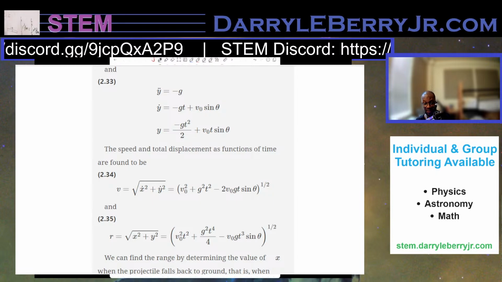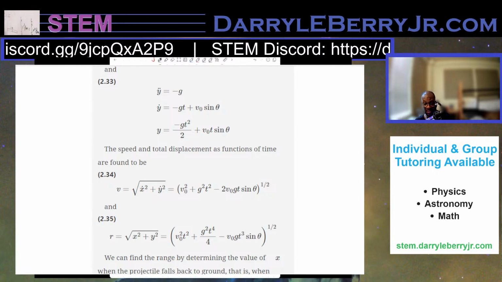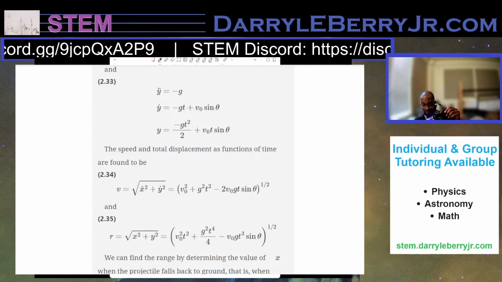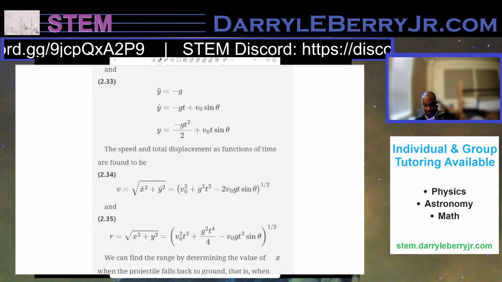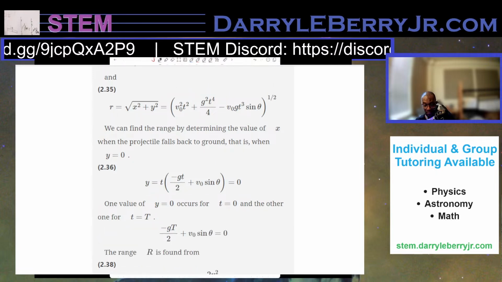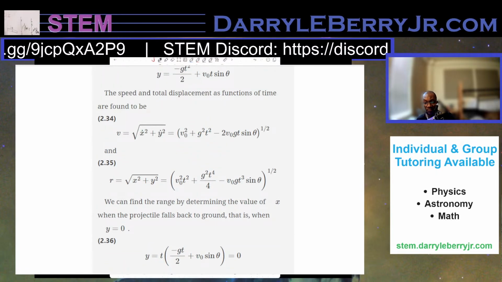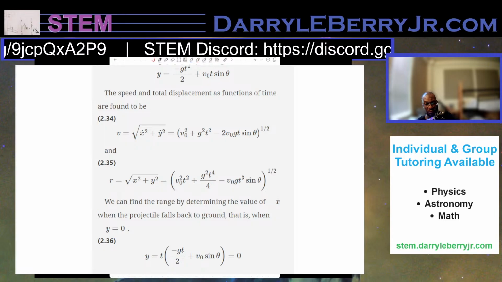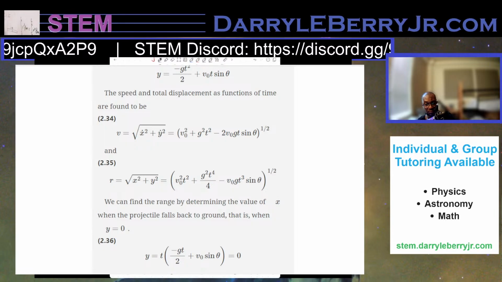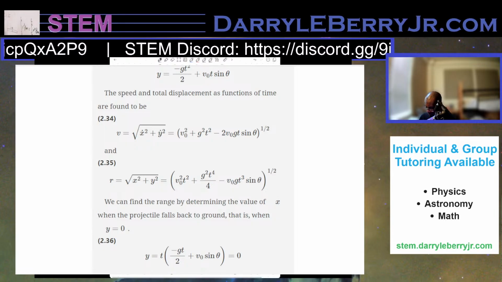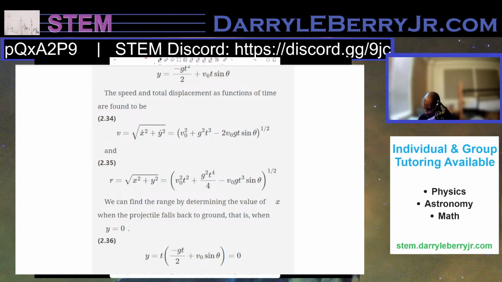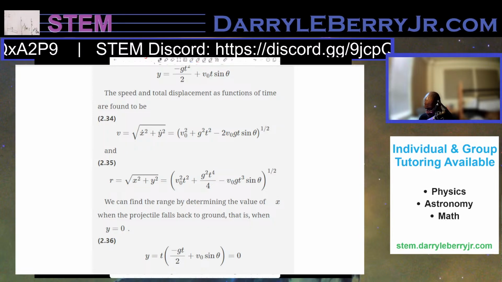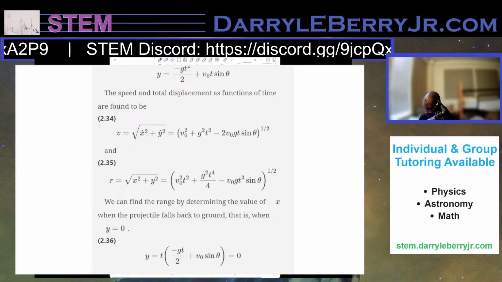The speed and total displacement as functions of time are found to be, okay, hold up here. Right, so V equals the square root of Vx squared plus Vy squared.